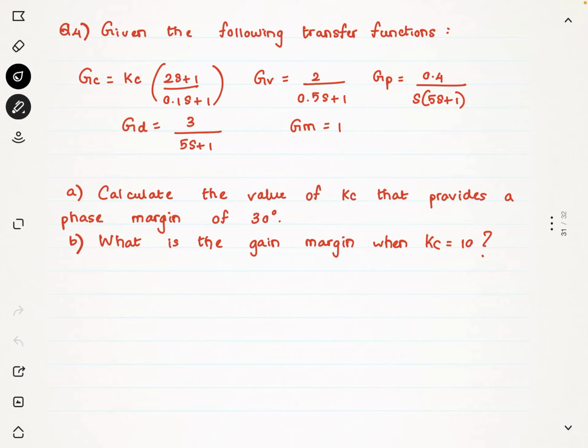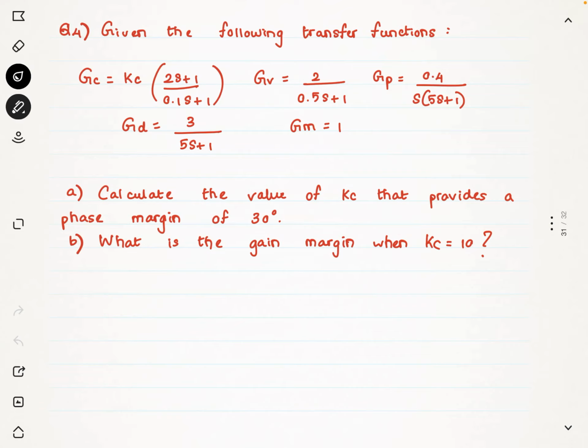Yes, so this is the final question. It might be a bit confusing in the beginning, but if you practice a couple of times, you should get a hang of it.